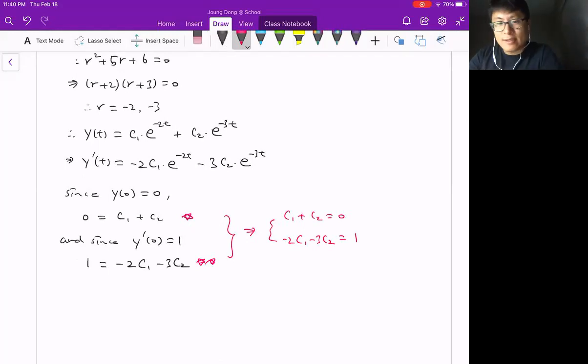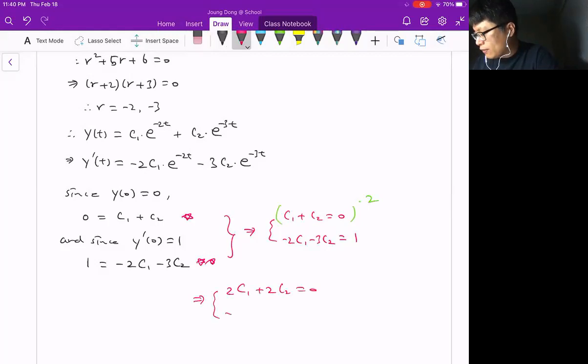But for this case, let me try to do elimination. Let me multiply the first equation by 2. Then let me rewrite this system: 2 c1 plus 2 c2 equals 0, and the second one I'm not going to change.